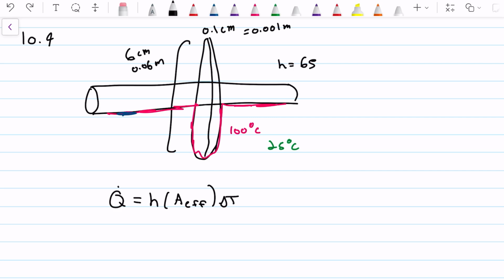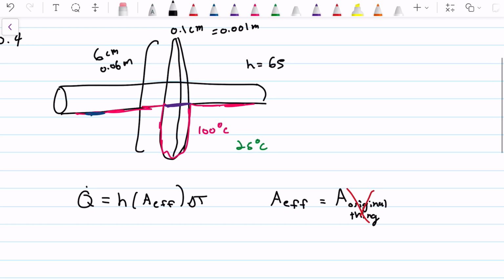So for consistency, I'm going to define this area effective to be the area that's losing heat of my original thing. So in our case, this would be the heat loss from the inner pipe. Now, in our case, the circumferential fin is completely covering it, so this is actually 0. But then we have the heat loss from the surface of the fin.